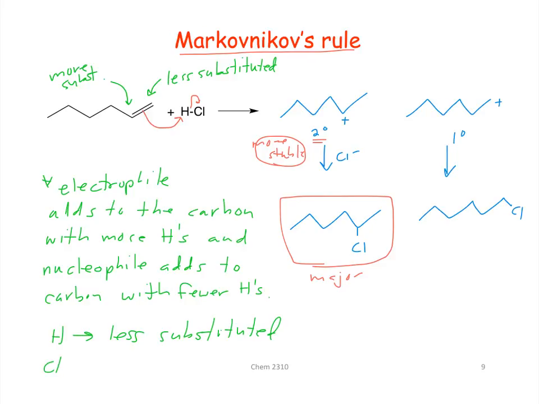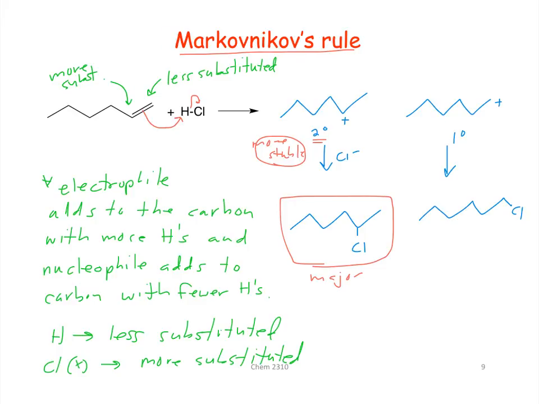Cl or X could be bromine; we'll see it in other ones. X goes to the more substituted carbon, the one that has more carbons attached and fewer hydrogens attached. The main reason this is true is because it's going through the more stable carbocation.